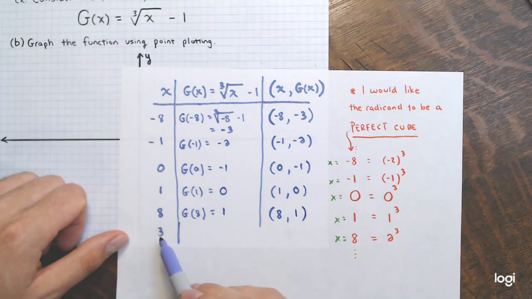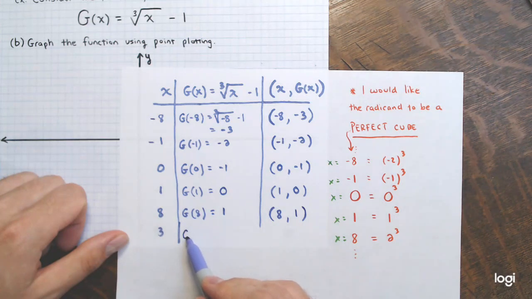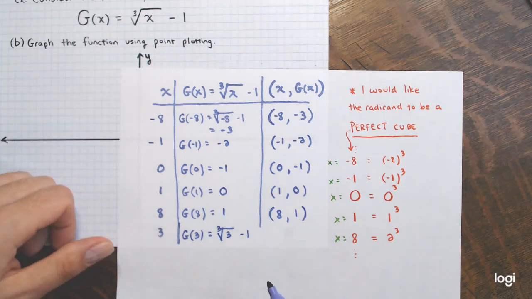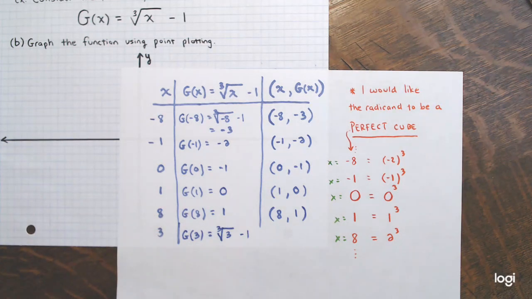And again, just for fun, this isn't going to be really nice, but g of 3, that's the cube root of 3 and then minus 1. Now if you want to punch that into a calculator, the cube root of 3 is definitely between 1 and 2, because 3 is between 1 and 8, 1 cubed and 2 cubed. So if that's between 1 and 2, and then I subtract 1, it'll be between 0 and 1.